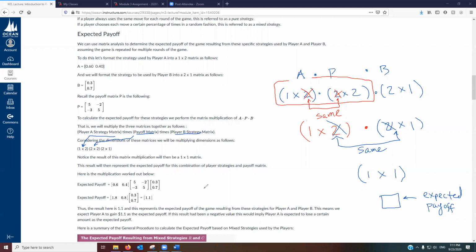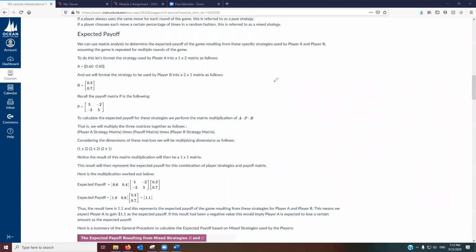So let's do the example here. Here was matrix A. Here was the payoff matrix. And here was matrix B. Let's do the multiplication. Let's do A times P to begin with. Let's do this part first. This multiplication is going to be 0.6, 0.4, multiplying 5, -3, -2, 5.